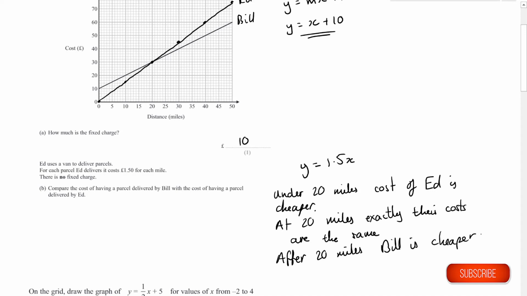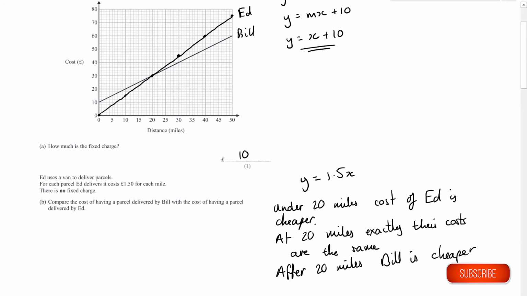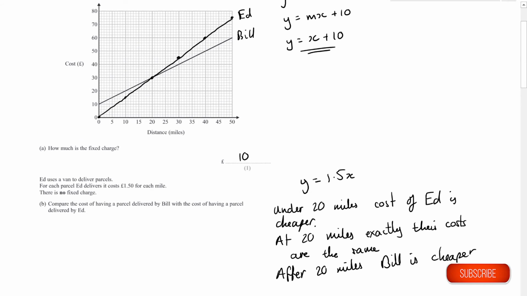And that would be how we get to our answer. And this is because, for up to the first 20 miles, Ed corresponds to a lower cost until we get up to 20, where they're exactly the same. This is where they cross over. And then after that, Bill is a lot cheaper than Ed.